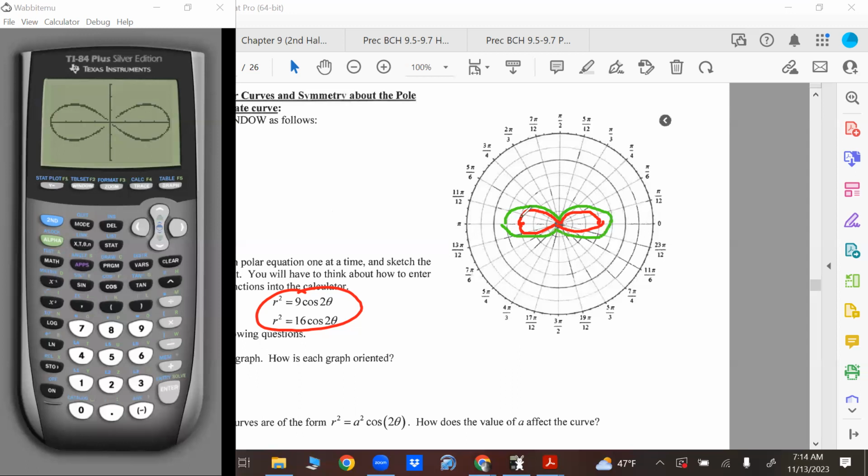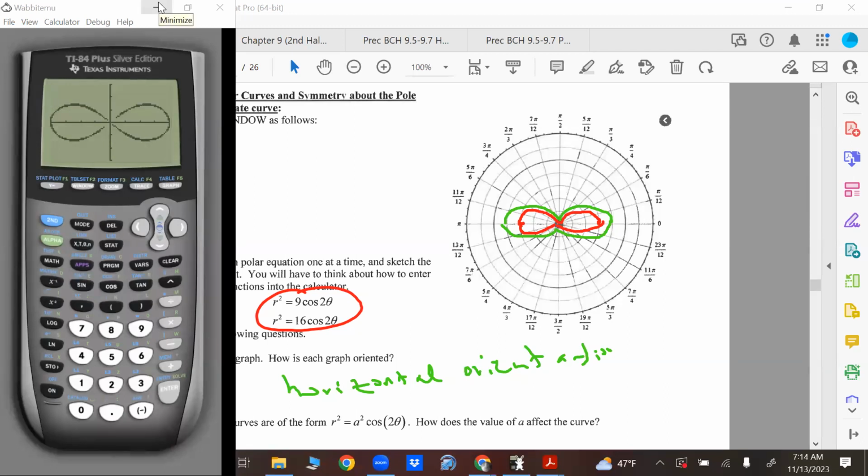You get that. So describe each graph. So obviously they're horizontal. They have horizontal orientation. I think that's pretty obvious. And how does A impact it?